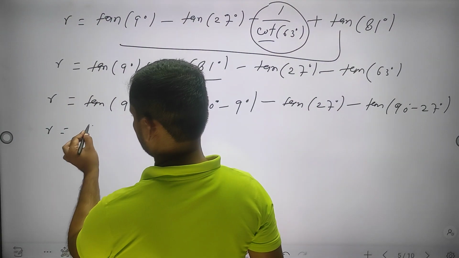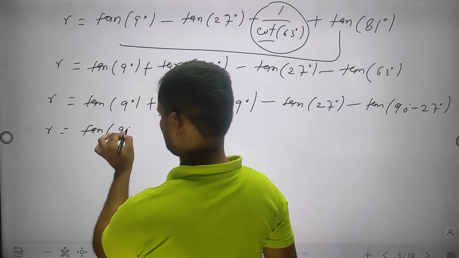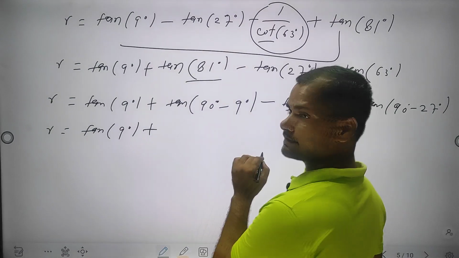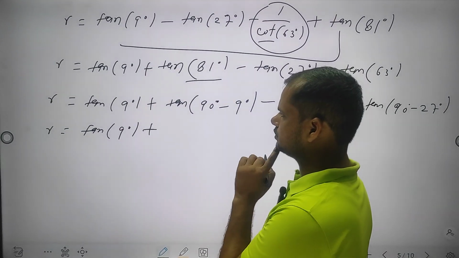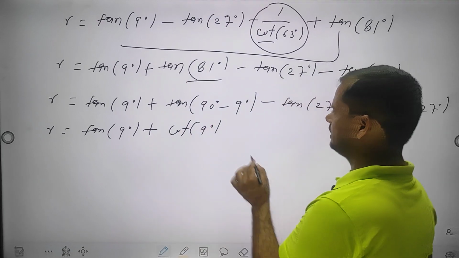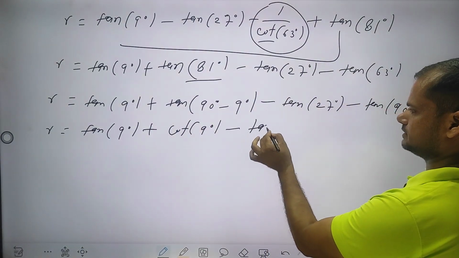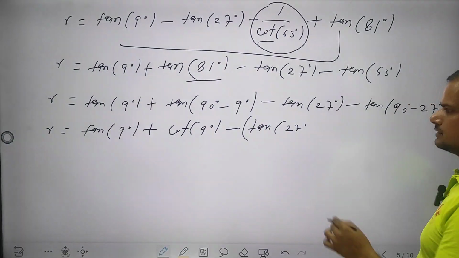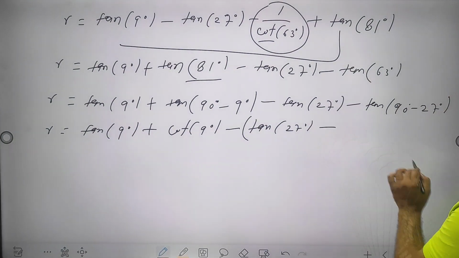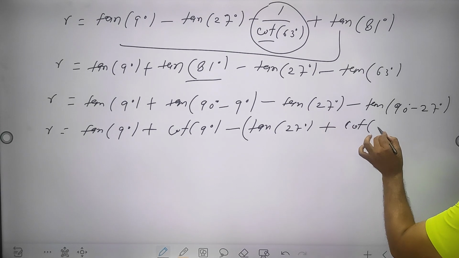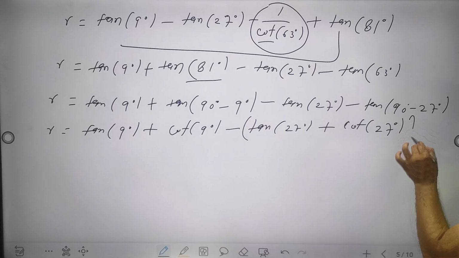Then r equals tan 9 degree, and this will be cot 9 degree, since tan of 90 minus theta is cot theta. Then cot 9 degree, and tan 27 degree, minus can be taken common, and this will be plus cot 27 degree.